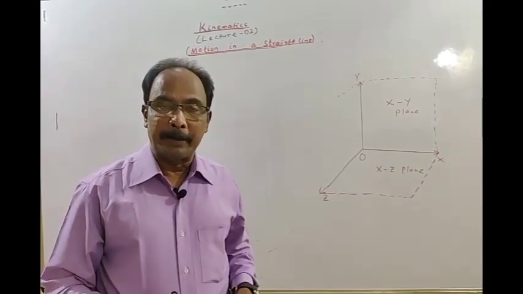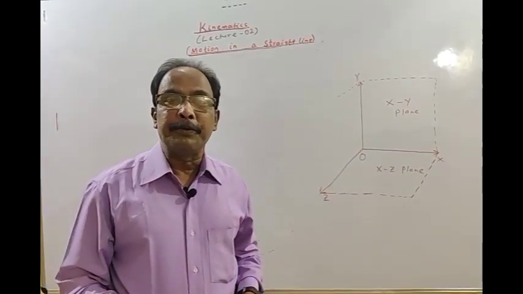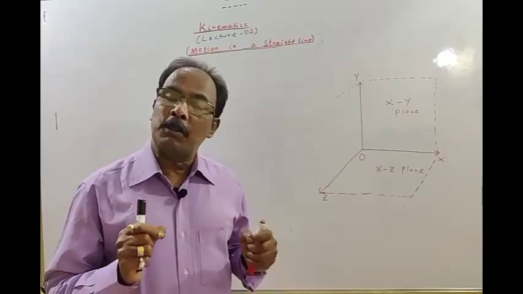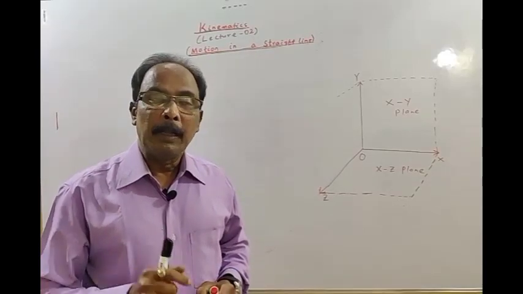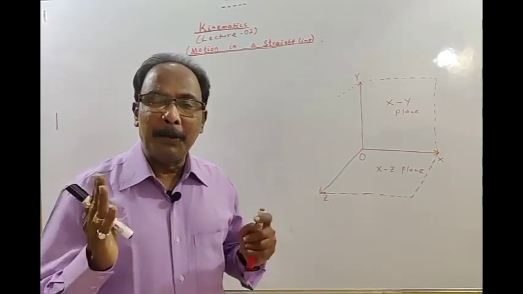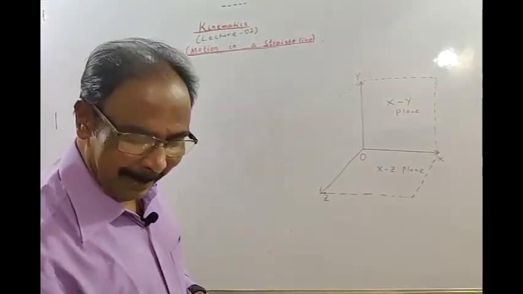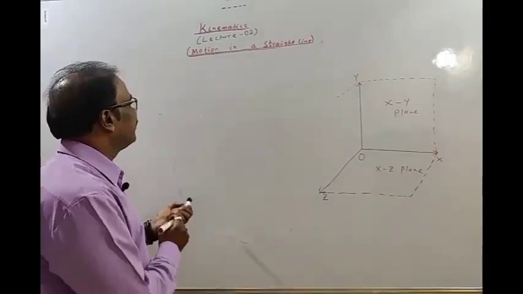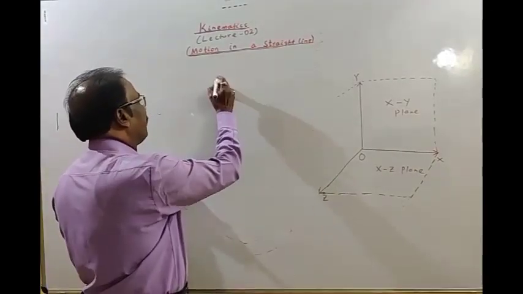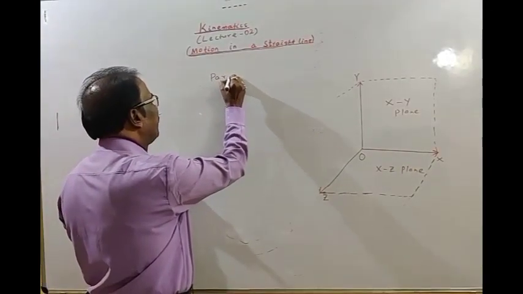Now we will move to parameters of kinematics. In this lecture 2, I will discuss 3 parameters. In the next lecture, I will do only problems. I will inform you at the end of my class.